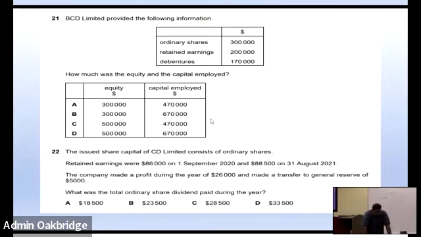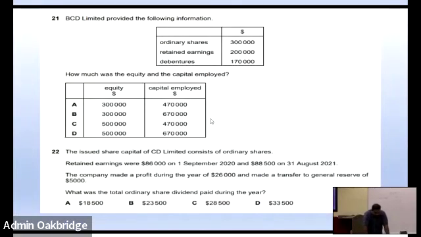The company made a profit during the year of 26,000 and made a transfer to general reserve of 5,000. What was the total ordinary share dividend paid during the year?